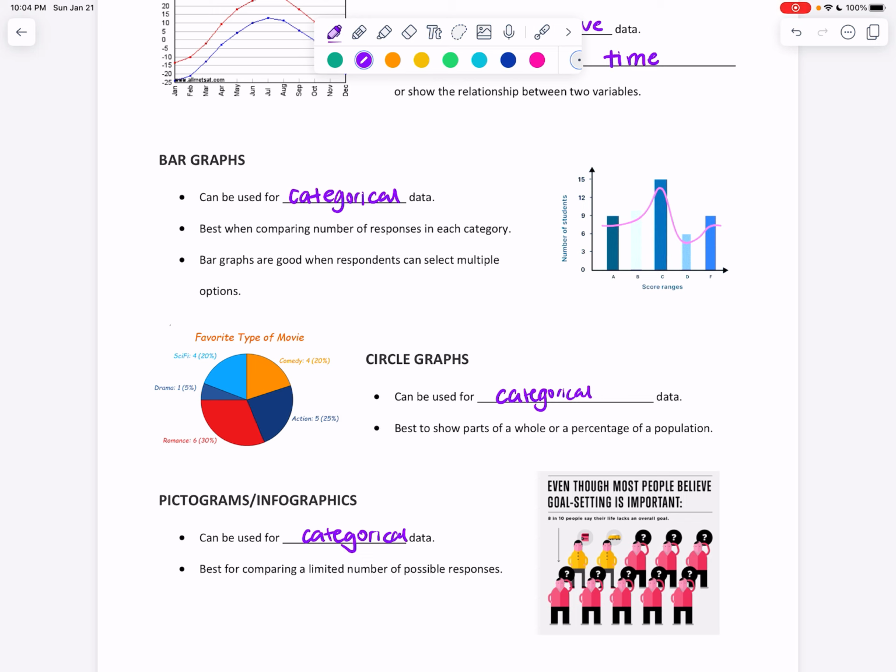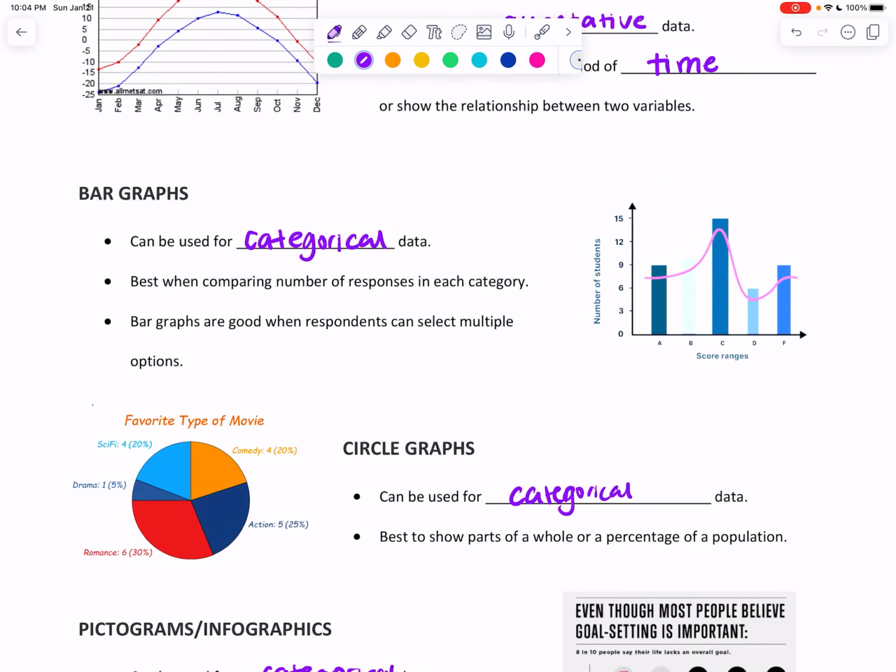Your answer is part of a category. It's not necessarily a numerical value that you have measured. It can be, but these following three graphs are best used for categorical data. Now let's talk about why we would choose to use one over another, because each of these different types of graphs still has advantages in certain situations and disadvantages in others.